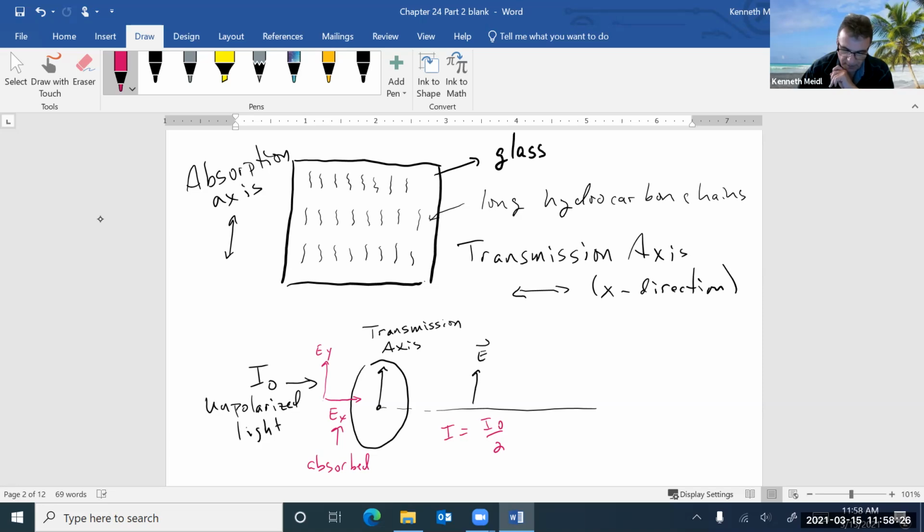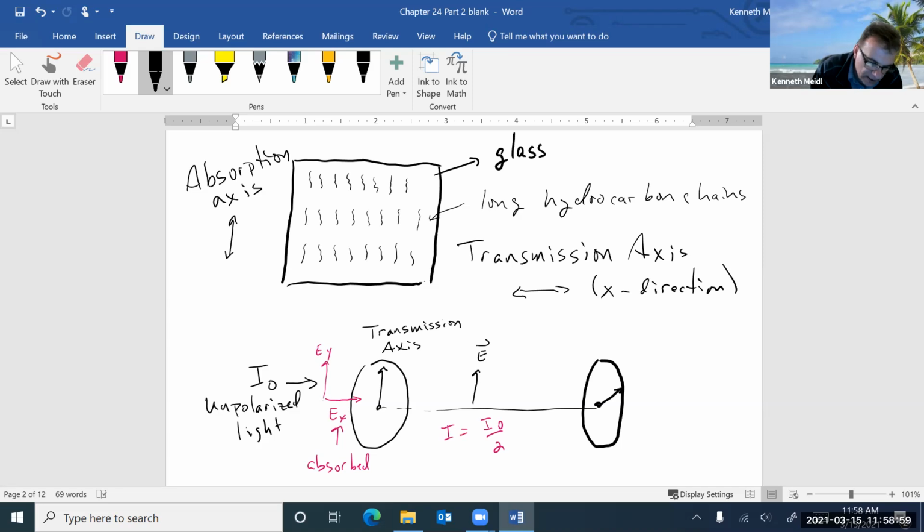Now, something quite interesting happens if you have a second polarizer. So if you have a second polarizer here, and let's say that its transmission axis is like that, then you figure, okay, is any of the light going to make it through? And the answer in this case is yes, some will.